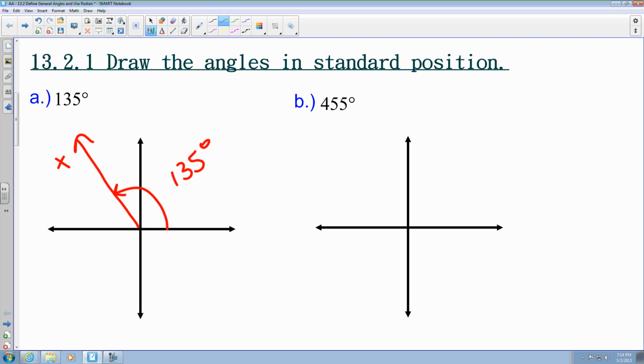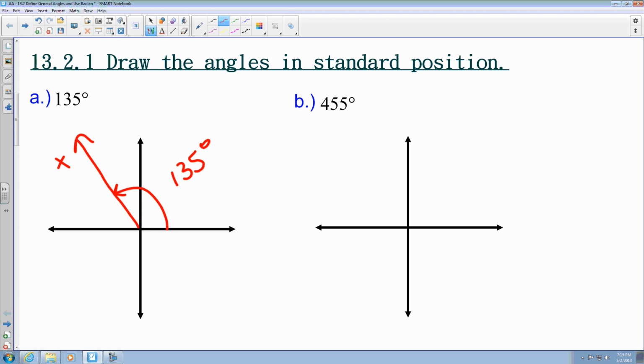All right. If I'm dealing with 455 degrees, I notice that that is larger than 360. So all you have to do to figure out roughly where it's going to be located is take 455 and subtract 360, and we get a value of 95.